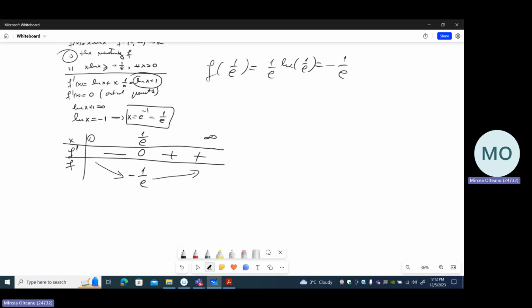The second one is a consequence of the table of variation. As you can see here, the value at 1 over e is the minimum value of the function f. So according to this table, f of x is greater or equal than minus 1 over e for every positive x, which means exactly what we have to prove, x logarithm of x greater or equal than minus 1 over e.